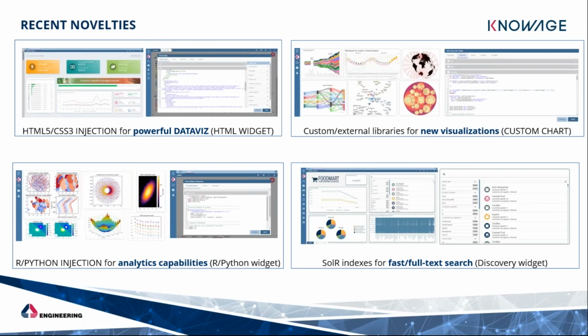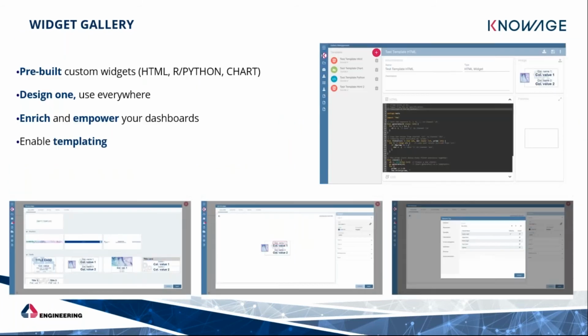And finally, there is the possibility to use the Solr widget. It uses the Solr indexes. Solr is a famous text search engine, and in fact, you can use it in order to do fast and full text search.